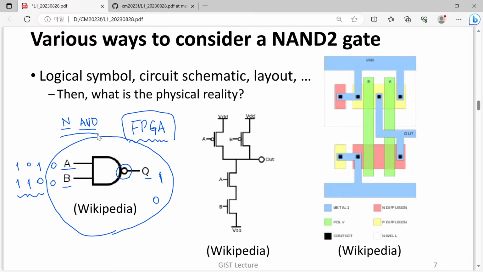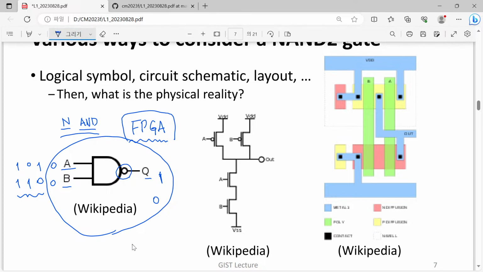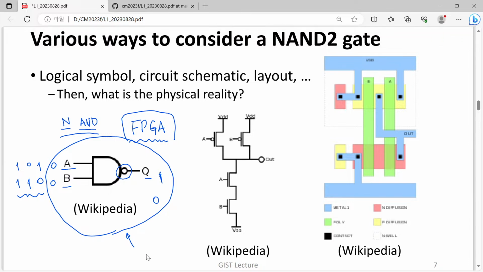But think about this one. Is this physical reality? Of course, what is the physical reality really depends on everybody. You may have this kind of thing, and another person has a different idea.